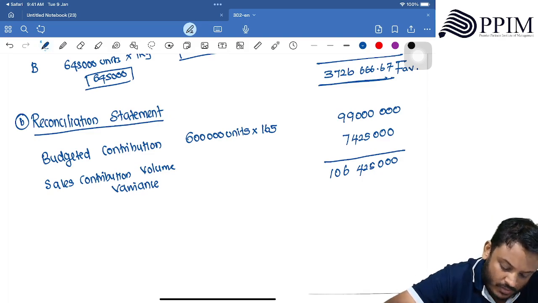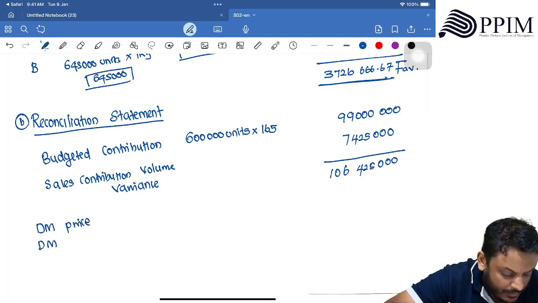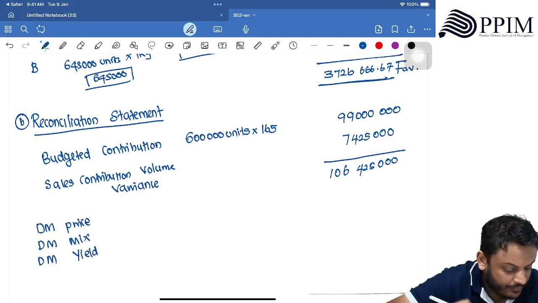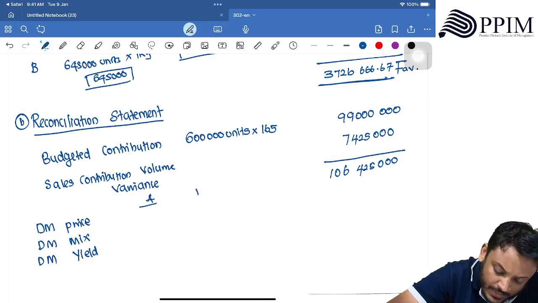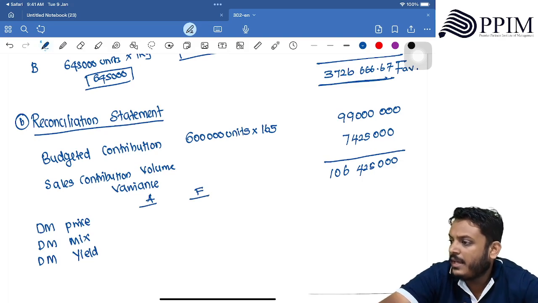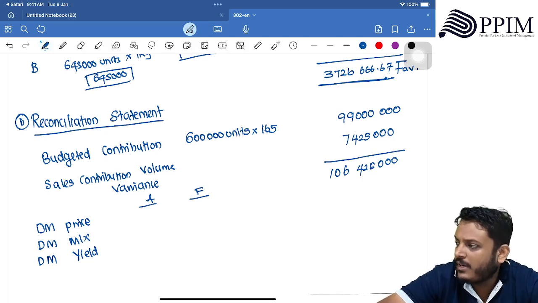Then direct material price, direct material mix, direct material yield. This side adverse variance, this side favorable variance.